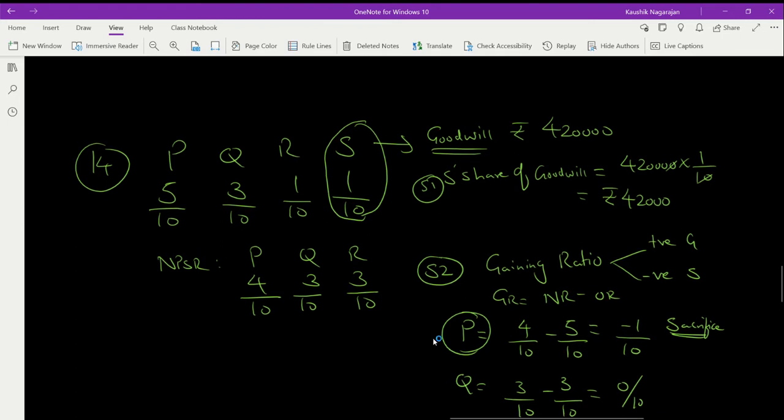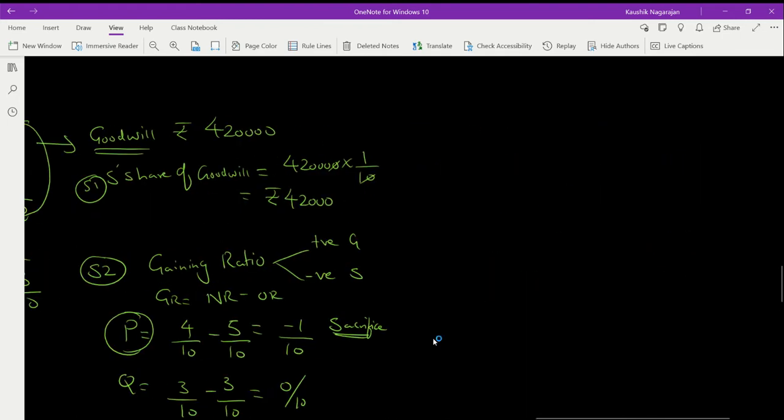So P's share of goodwill is rupees 4 lakh 20,000, the amount of goodwill, into the sacrificing ratio.